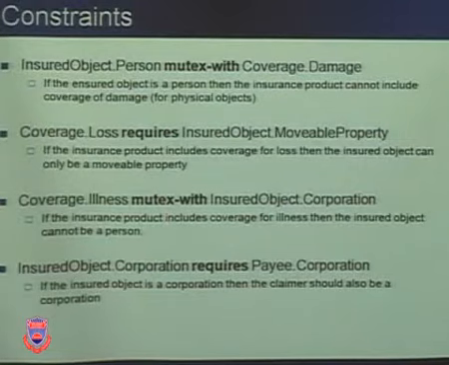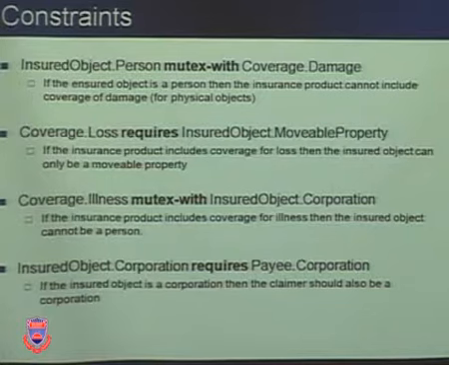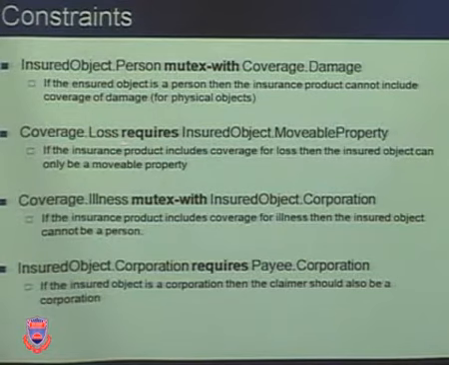These are some constraints. If your object is person, this is mutually exclusive with coverage damage. Damage is for cars and houses, but a person can only get ill. Coverage loss requires that the insured object is a movable property.